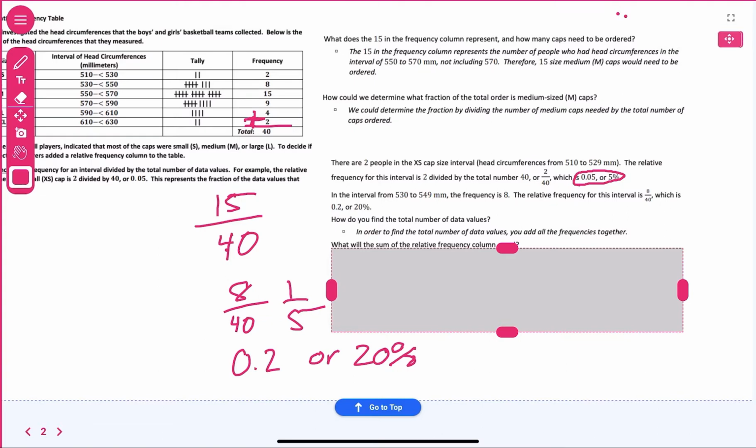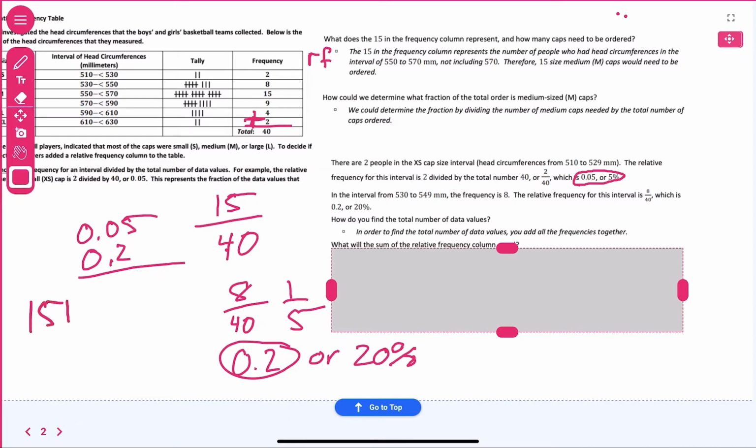What will the sum of the relative frequency column be? Now, if we do a relative frequency column, which we're about to do, so this would be relative frequency. And if we take all of these, like here we had 0.05, here we have 0.2. What will all of those add up to be?